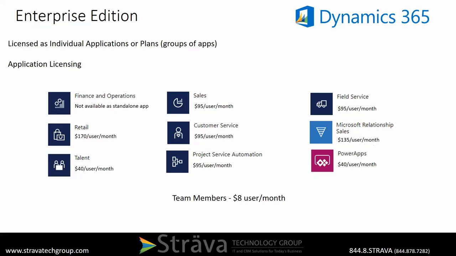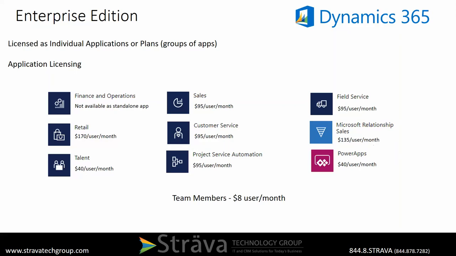So the applications that you can license, first of all, the finance and operations component of Enterprise Edition is built on Dynamics AX, or what used to be known as Axapta. Much higher end ERP functionality in AX, meant for larger businesses, wholesale distributors, manufacturers, etc. Very different than the small business financials application.